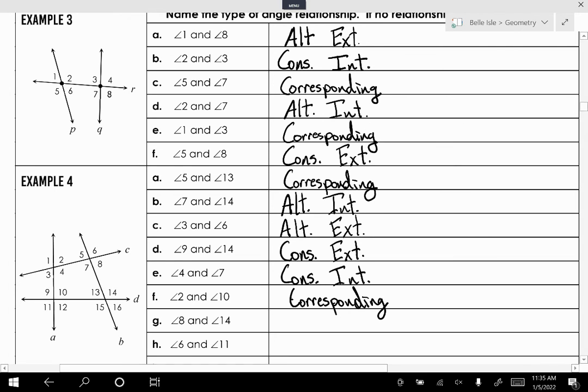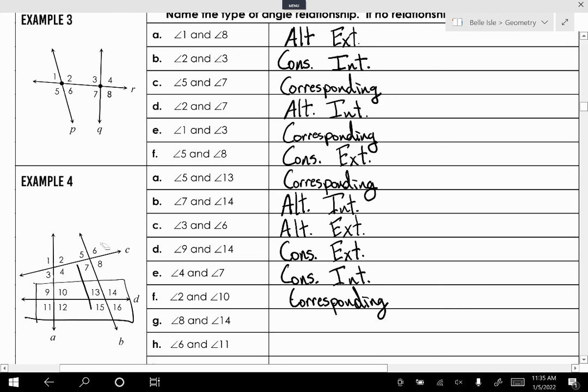So 14 is exterior when line D is the transversal. Because for 7 and 14, your closed system is right here. But when you're looking at 9 and 14, you need to be looking this way.